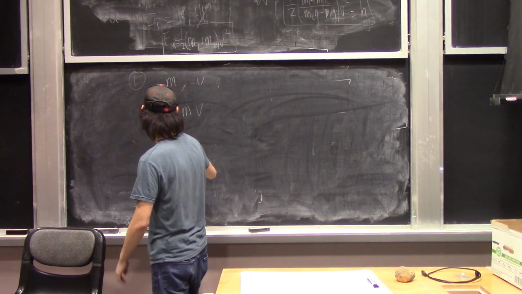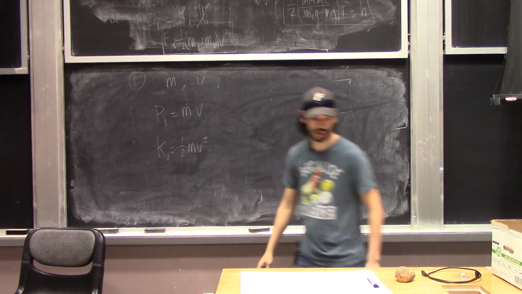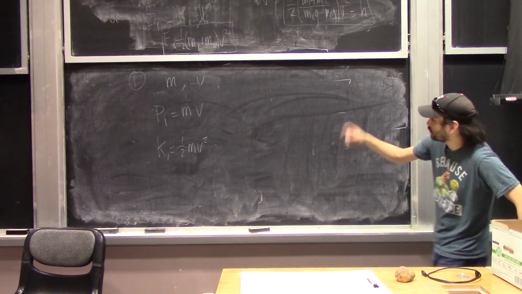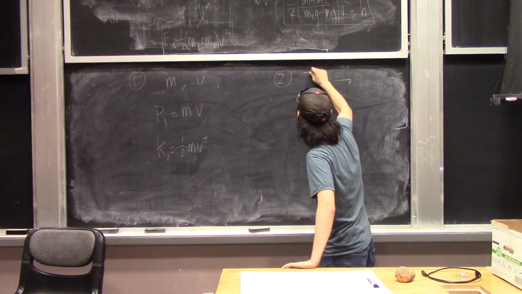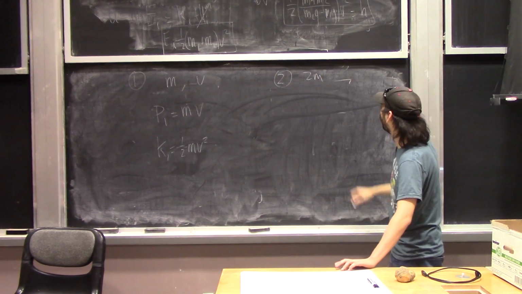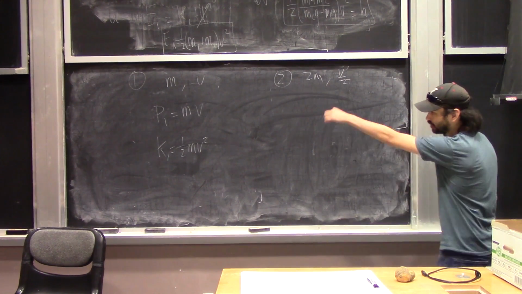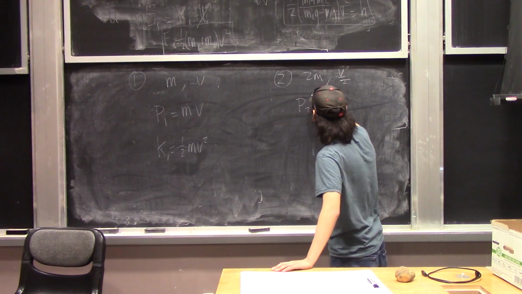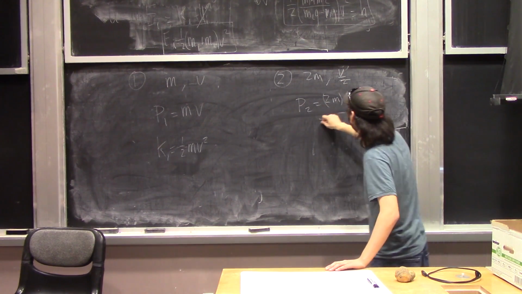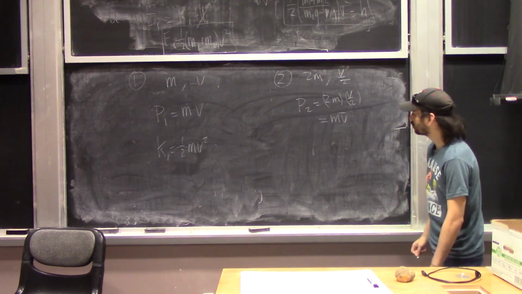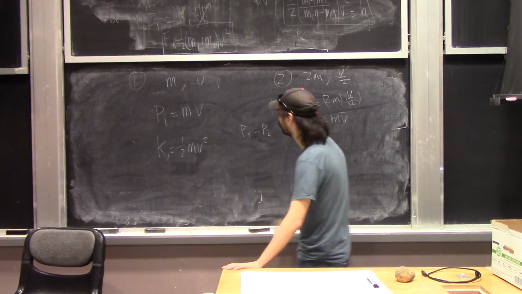So K1 is going to be equal to 1/2 mv squared. All right? Now, for object 2, we know that this one has some mass of 2m and it has some velocity of v over 2. So to calculate P2 is going to be equal to 2m times v over 2. So this is going to be mv. So this one tells us that P1 is equal to P2.